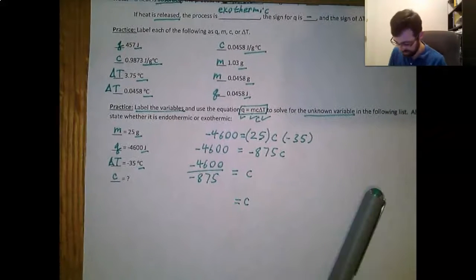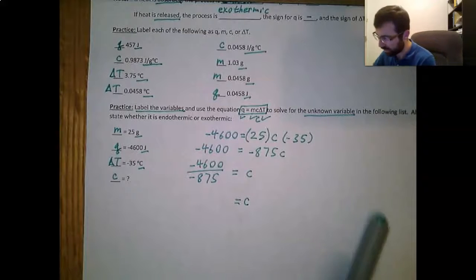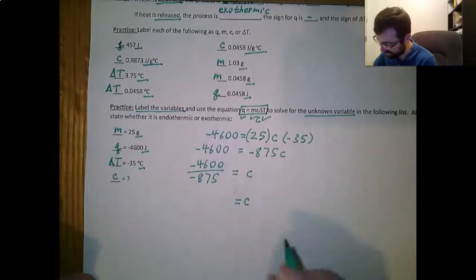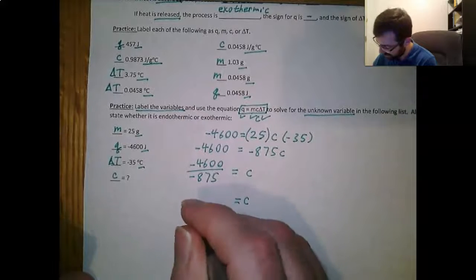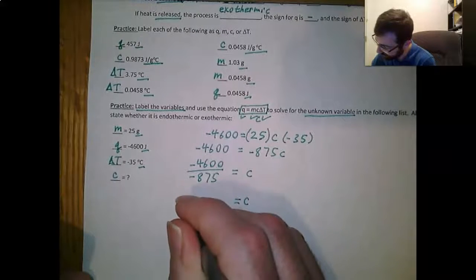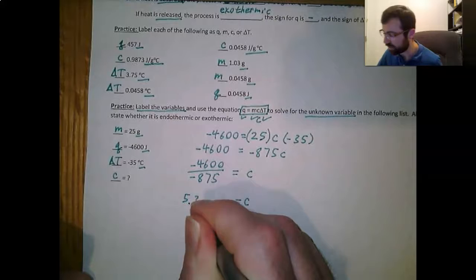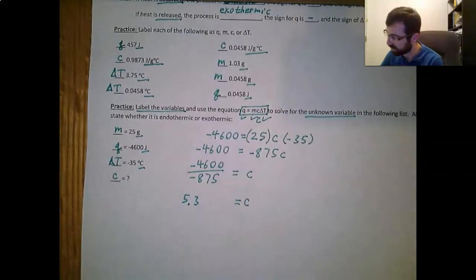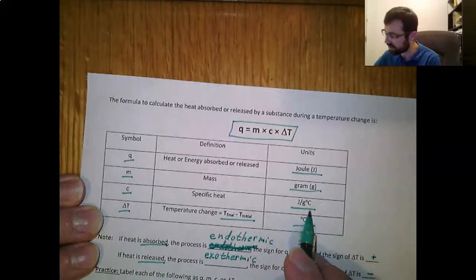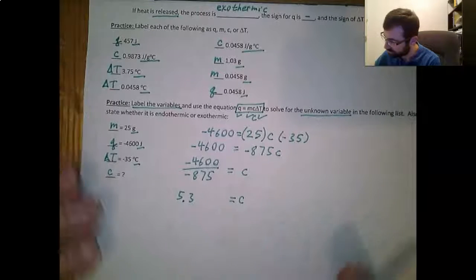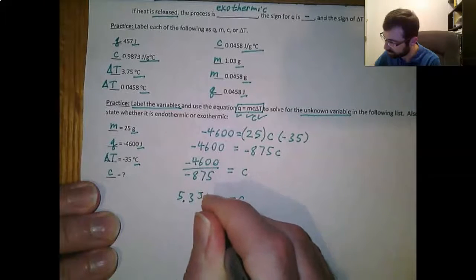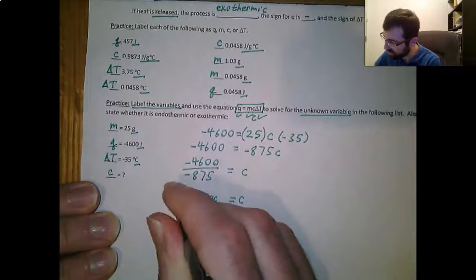So if I do negative 4,600 divided by negative 875, I get 5.25, so on. I want to round that to two significant figures, so instead of 5.25, I'm going to put 5.3. And my units are, well, I'm looking for specific heat. My units are going to be joules per gram degree Celsius. And that's my final answer.